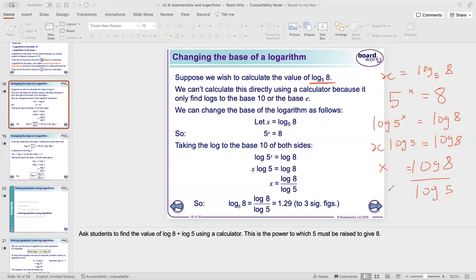So you can see that one. Just divide log 8 by log 5. That is the answer. So that's very straightforward.